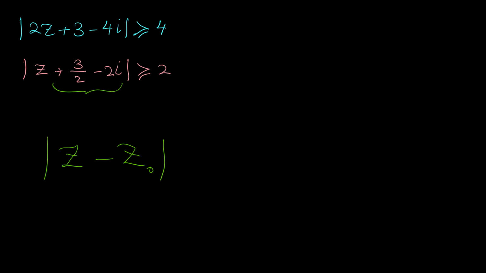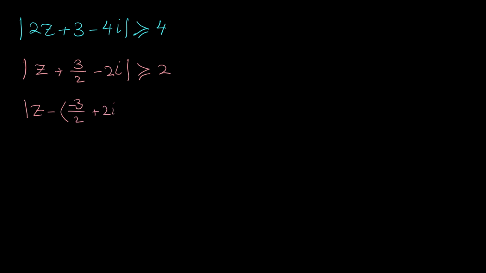This is very important. So we factor a negative here, then we have absolute of z minus negative 3 over 2 plus 2i greater than or equal to 2. Now immediately we can say that this is the center of our circle and this is the radius of the circle. So we can graph it here.